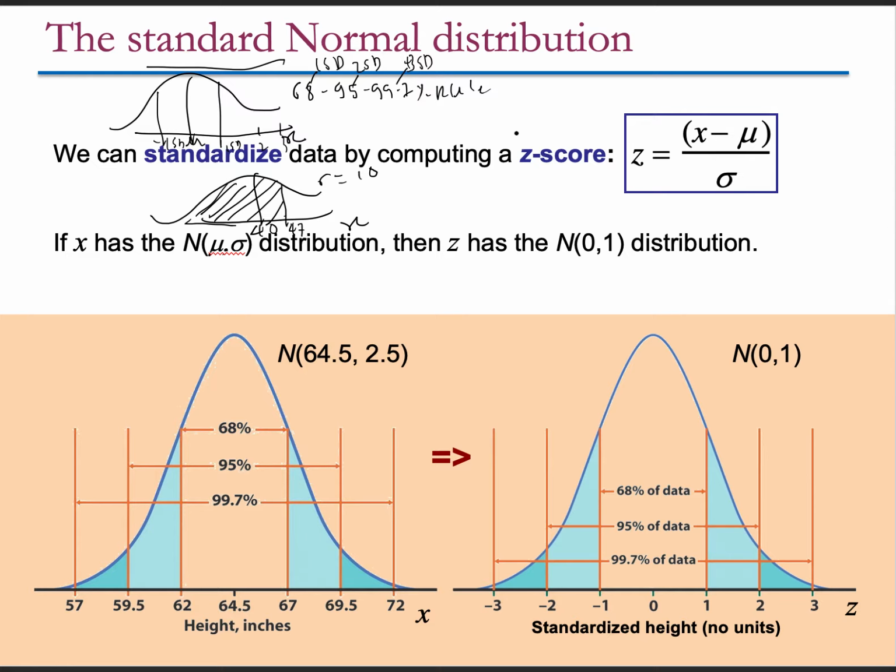So at that time, it's very useful to transform this x distribution into something called the z distribution. And the z distribution is also a normal distribution. You can see that this x is normally distributed with mu and sigma.